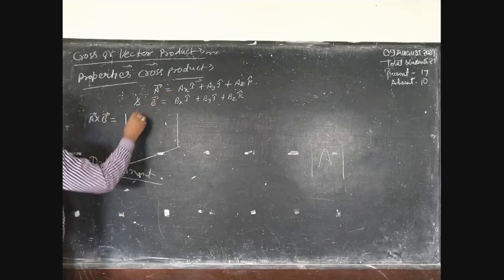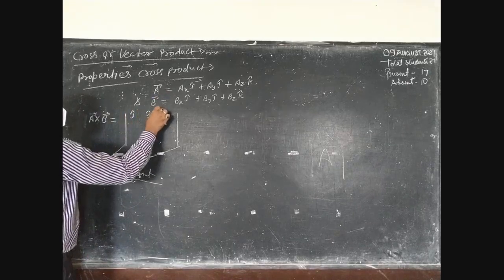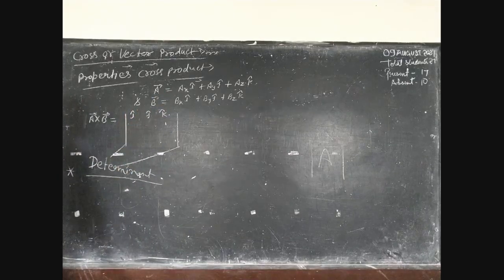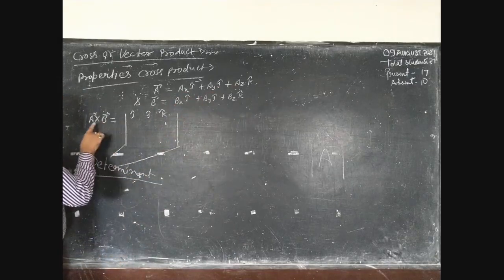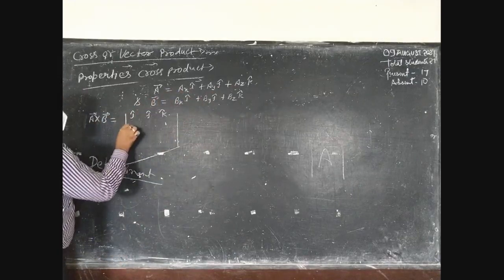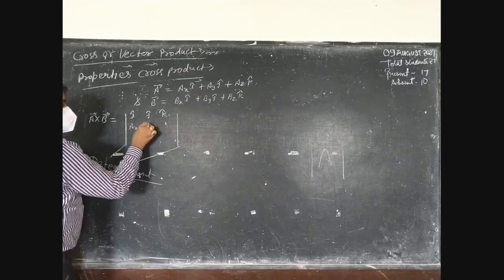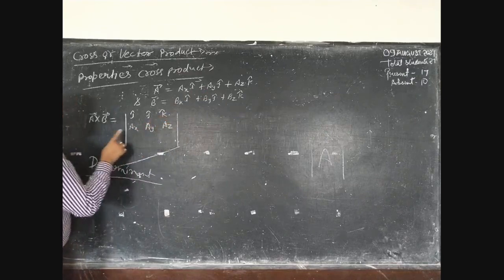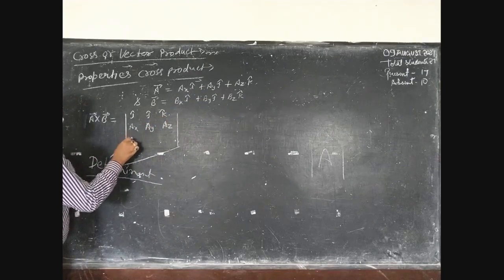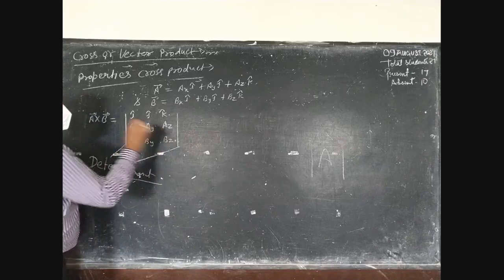Similar. So first you have to write i cap, j cap and k cap. Then after that you have to write these values. First vector A: ax, coefficient of j, ay, coefficient of k, az. Similarly for vector B, bx, by and bz.